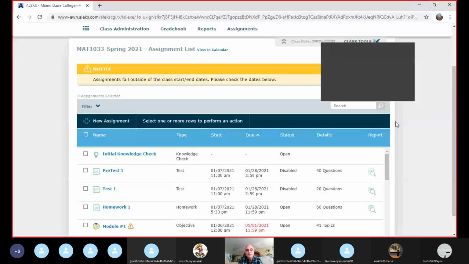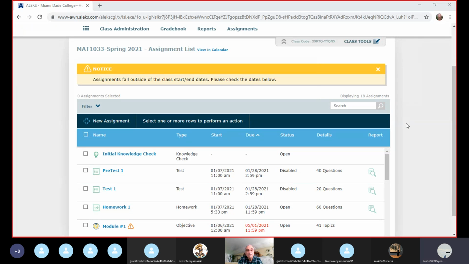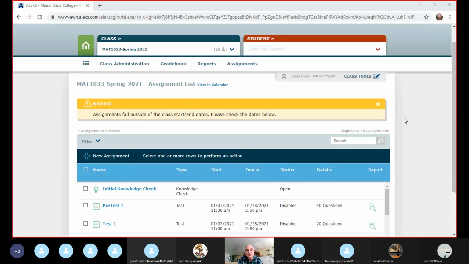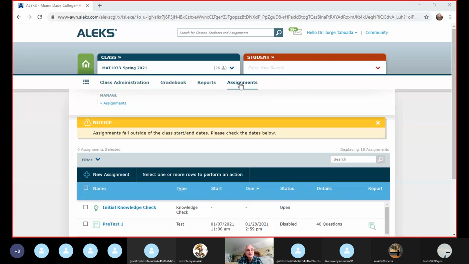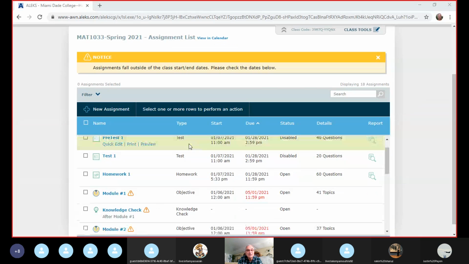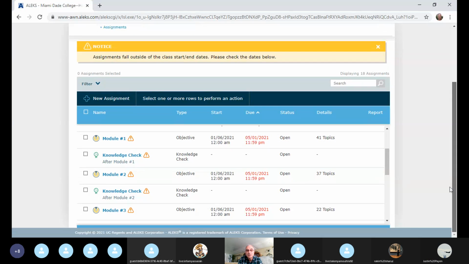No, you have to share your screen. Now I see it. So I click on assignments, and you can see this window.